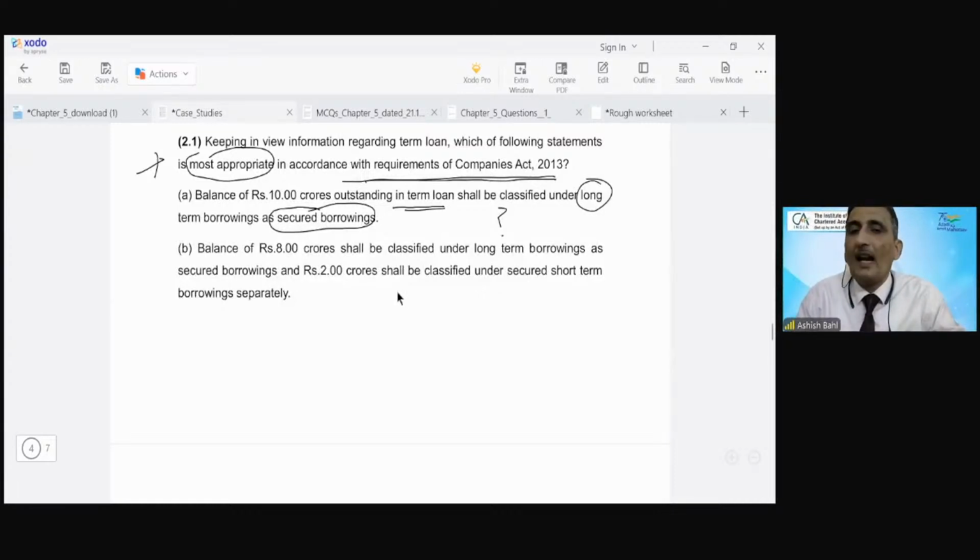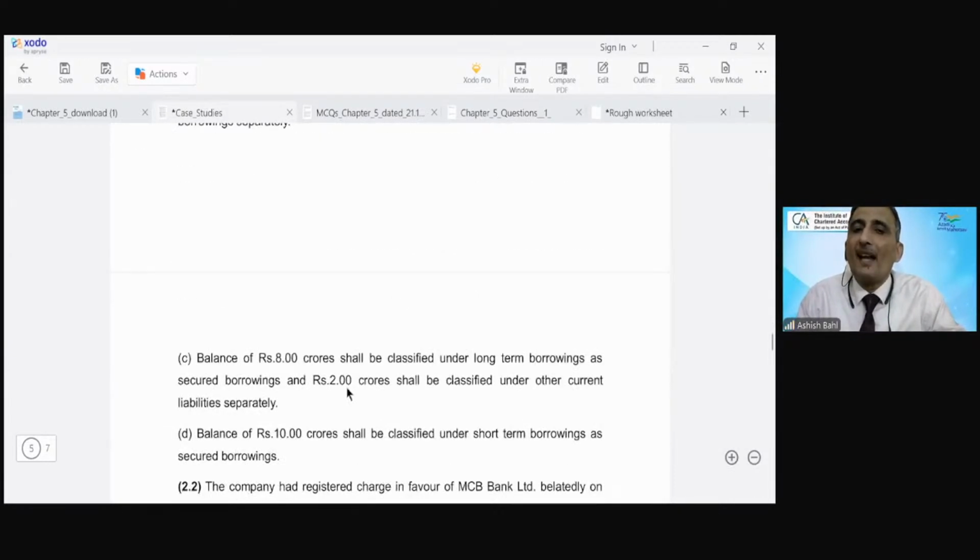And third is balance of 8 CR shall be classified under long term borrowings as secured borrowings, and 2 crores should be classified as other current liabilities. And then D is balance of 10 crores shall be classified under short term borrowings as secured borrowings.